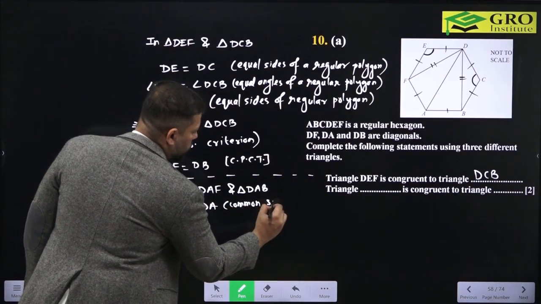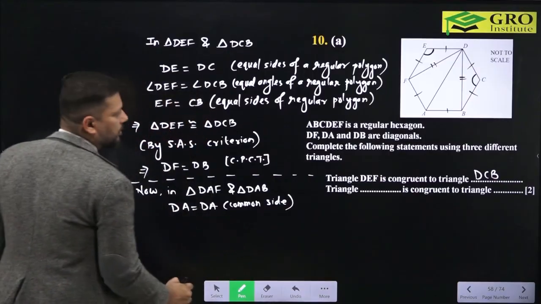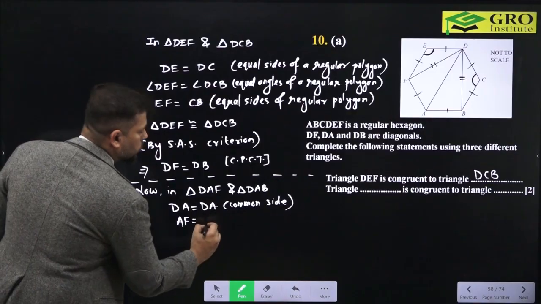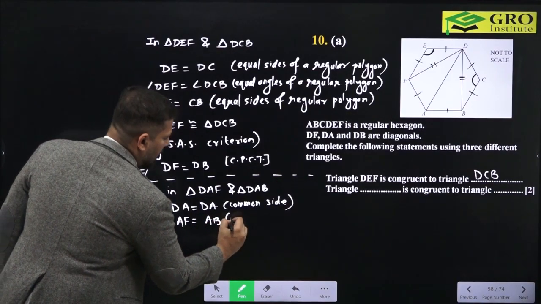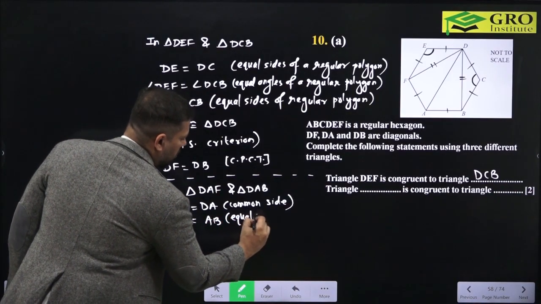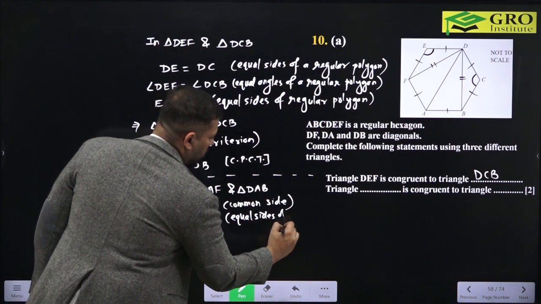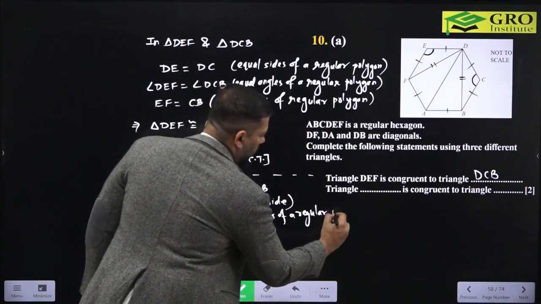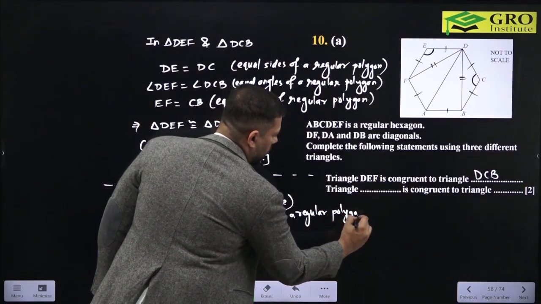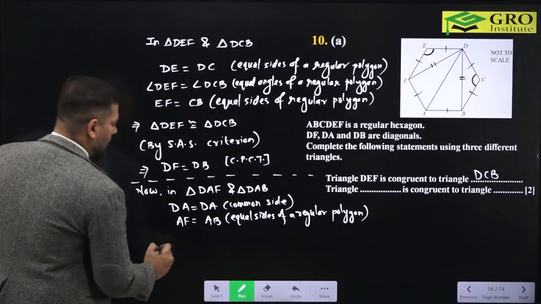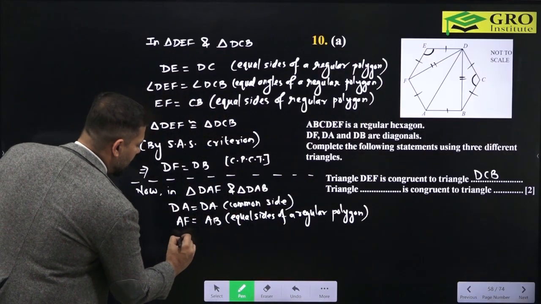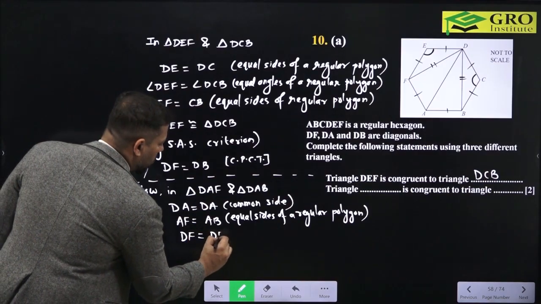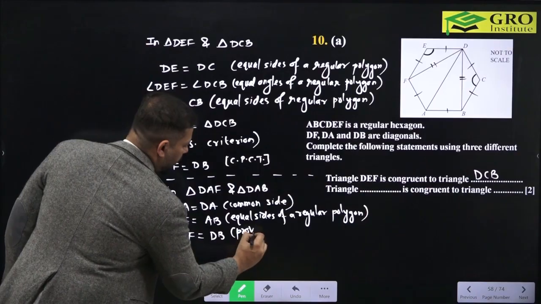Followed by AF is equal to AB. These are the equal sides of a regular polygon, isn't it? And the last one is, we just have proved that DF is equal to DB, proved above.